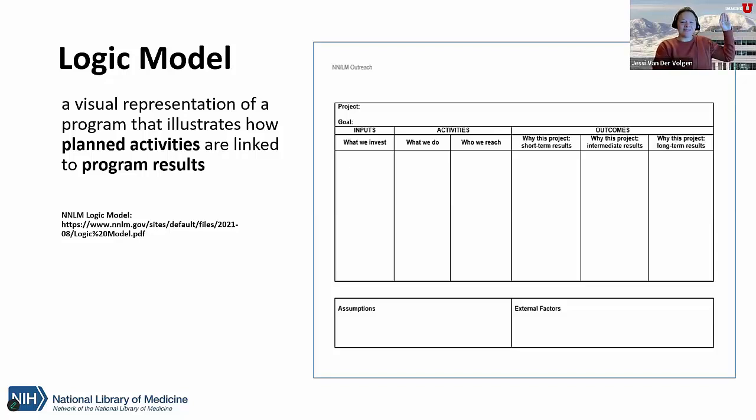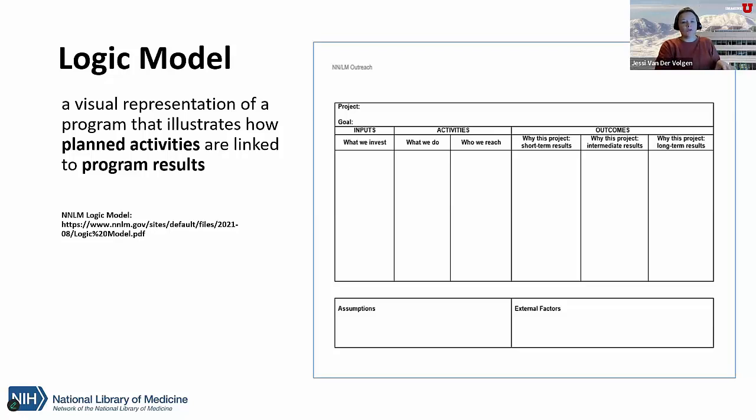At the very top is the goal of your program or activity, and then you think of the inputs as the resources that will be used to support the activity or the program you wish to conduct. The activities are the main things the project will do or provide. Outcomes: how many and what sort of observable, tangible results will be achieved.